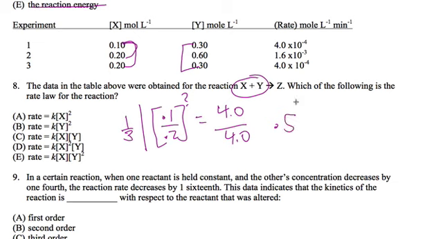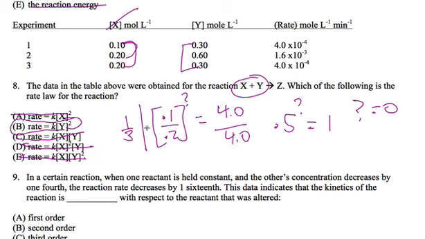So that's going to be 0.5 to the question mark equals 1, so the question mark equals 0. We know that it's zero order with respect to x, so x is not going to be in the rate law equation. So it can't be this. By default, it has to be this.